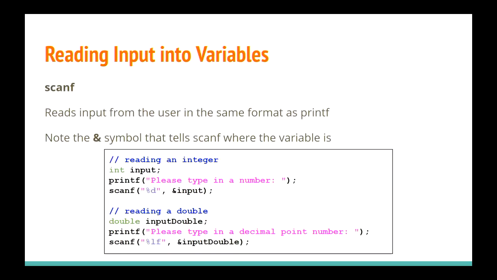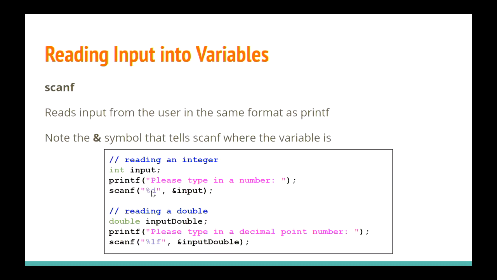Yeah, cool. So reading in these variables, we use the same kinds of symbols, but we're now using a different function called scanf. And this is also something that came from the standard input-output library. So we have printf and scanf here, and then scanf says, I can take in a certain type of thing that the user has typed in.